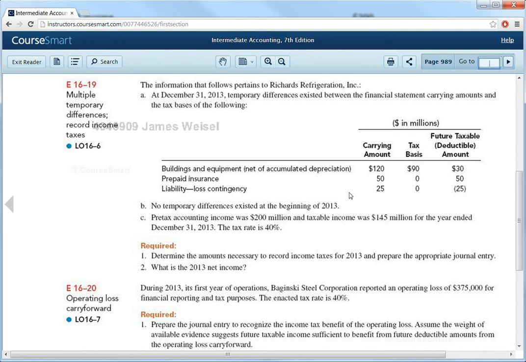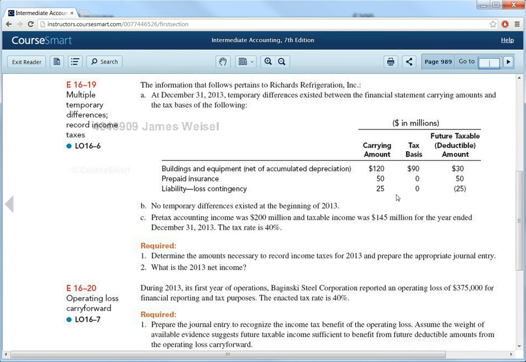Tax law will not allow us to deduct that loss until it is actually incurred, until we actually pay out whatever amount is associated with this loss contingency. So here's an example where we have a $25 million deduction for GAAP purposes, but we get no deduction at all for tax purposes, at least not this year.